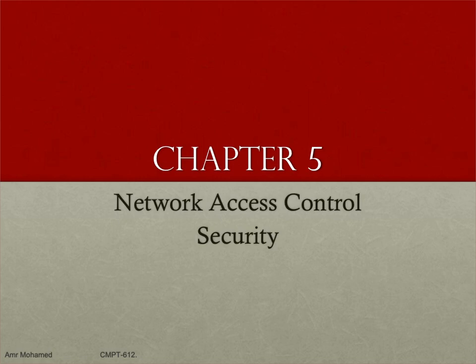I will not go back and start explaining networking basics. I will not do that, okay? It's up to you to go back and refresh. This is called network security. So network access control is composed of the physical layer and the data link layer.